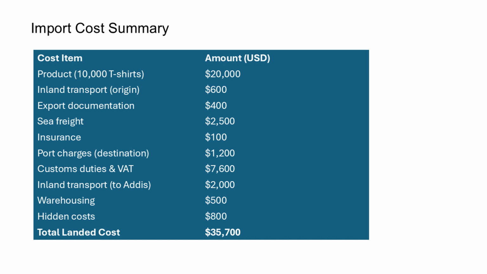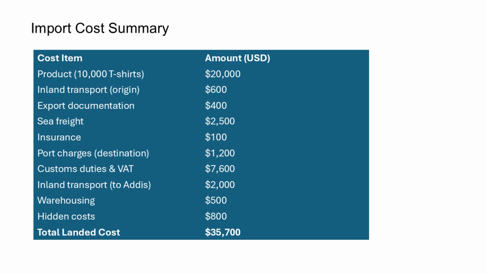So the product cost at the origin, at the seller's warehouse, is $20,000, and we paid 600 to move the cargo from the supplier's warehouse to the origin port or airport or nominated forwarder's destination.